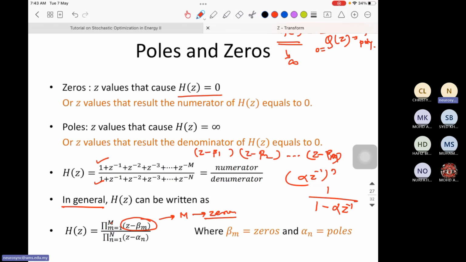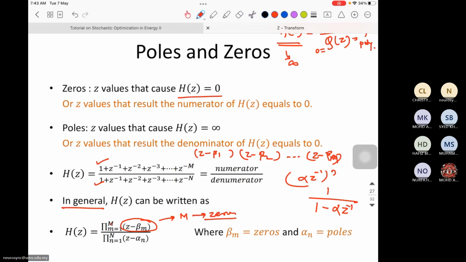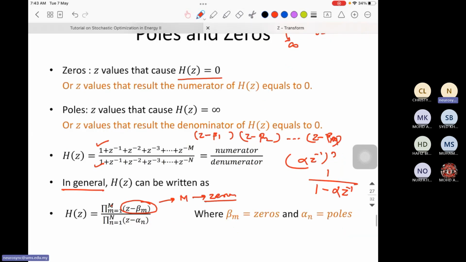So this polynomial expression we will solve in this term. Similarly, this denominator polynomial we can express like this: z minus alpha 1, z minus alpha 2, till z minus alpha capital N. So this alpha 1, alpha 2, till alpha N are the poles.